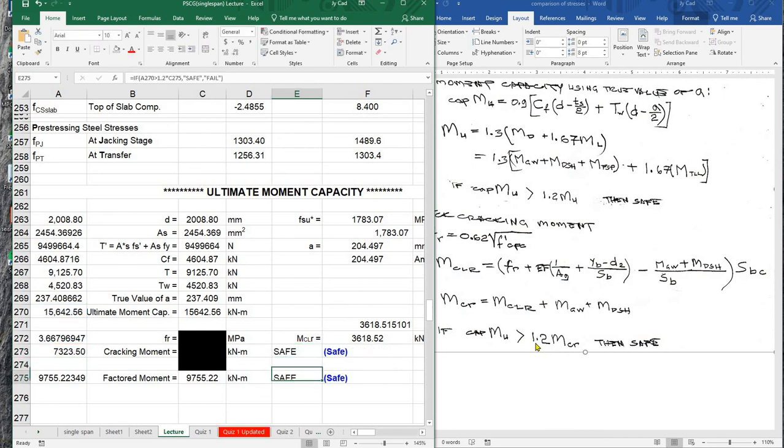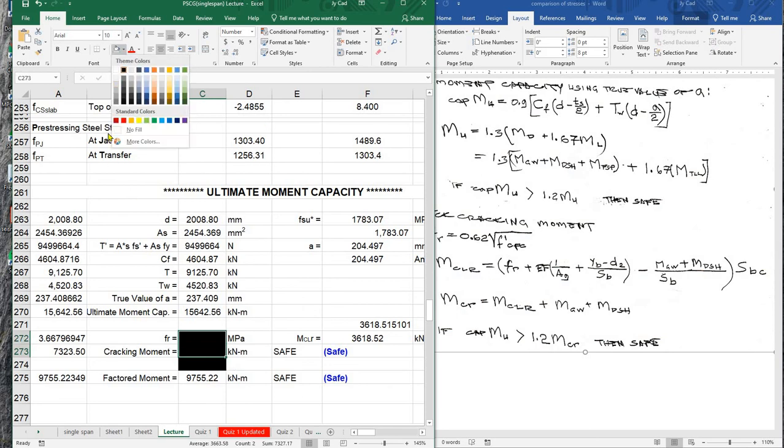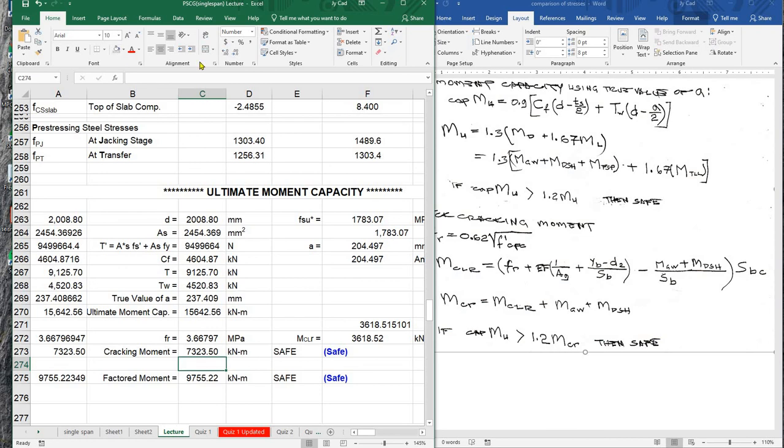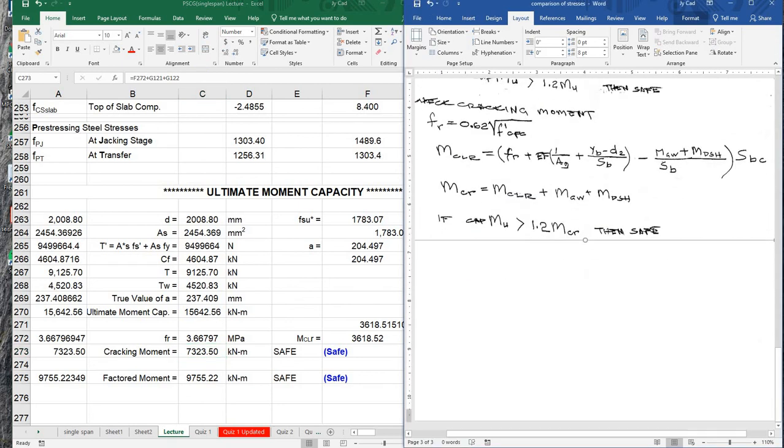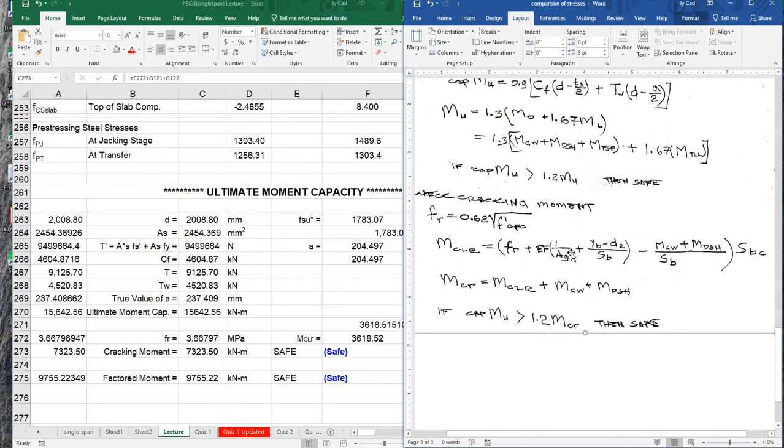Okay, so let's check yung cracking moment. Ayan, so parehas. Okay, so 7,323. Okay. So, naipakita ko sa inyo guys na yung ating equations dito ay correct.